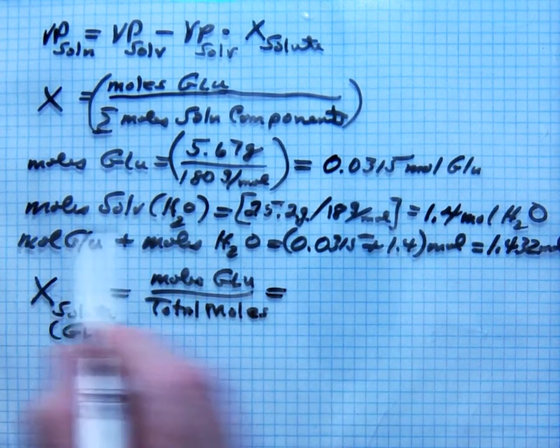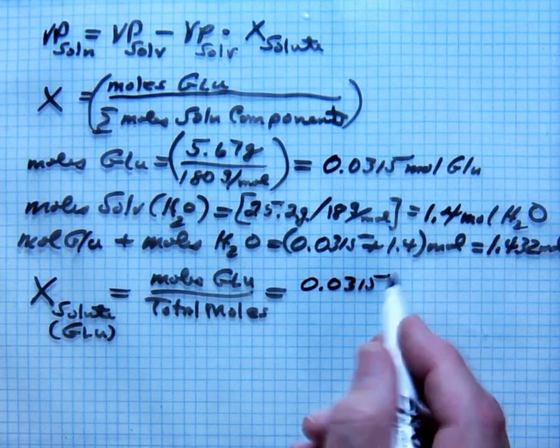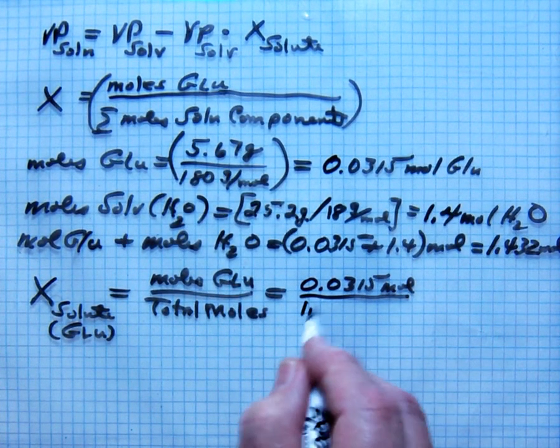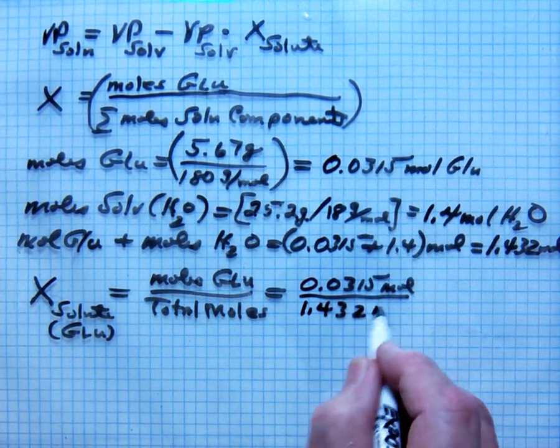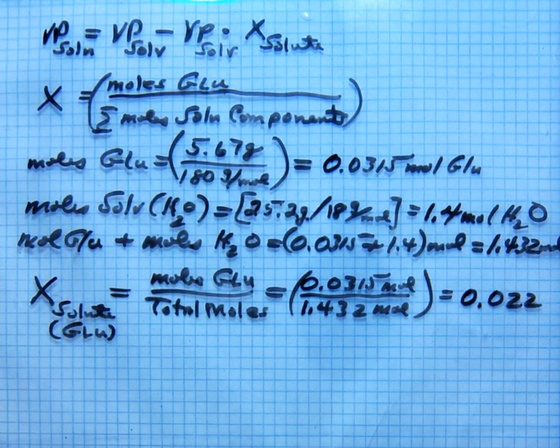And the moles of glucose are 0.0315 moles glucose, and that's divided by 1.432 mole total. And so our mole fraction.